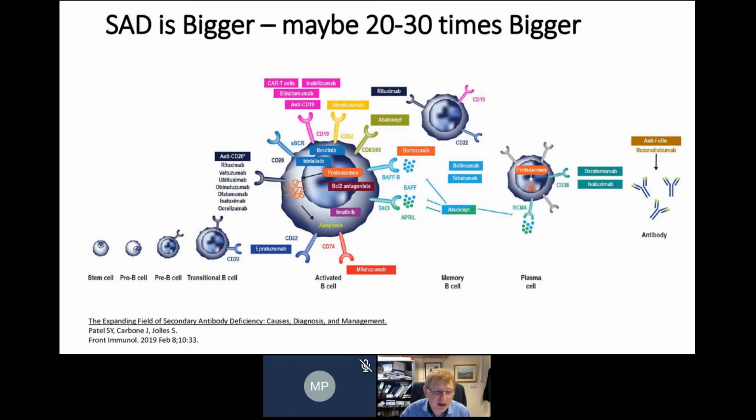So there are growth areas in secondary, but also in primary in terms of new diseases and better diagnosis.